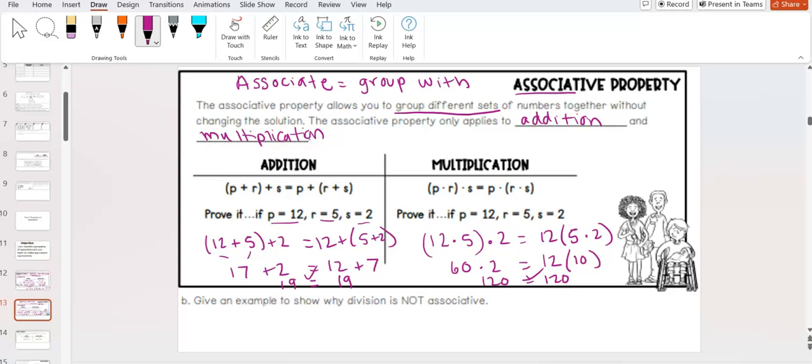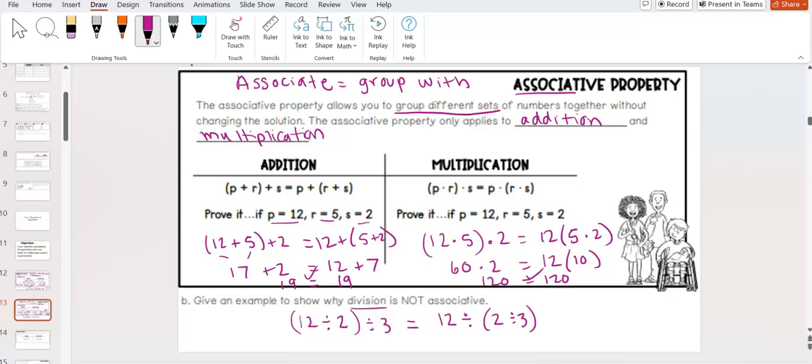And also, again, we know that it does not work for subtraction or division. So we need to give an example why division is not associative. Let's group division. Let's do 12 divided by 2, and then that divided by 3. Change the numbers a little bit. Versus 12 divided by the quantity 2 divided by 3.